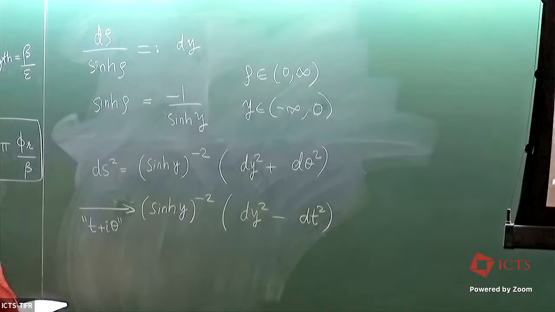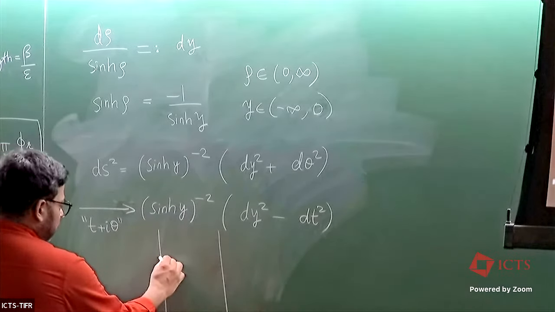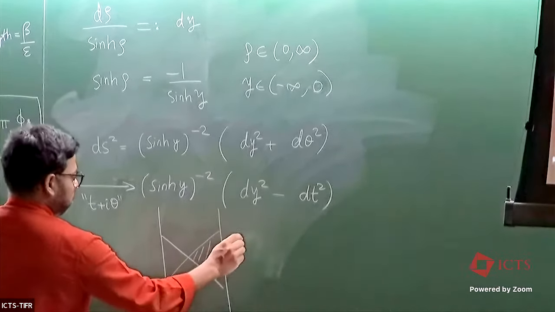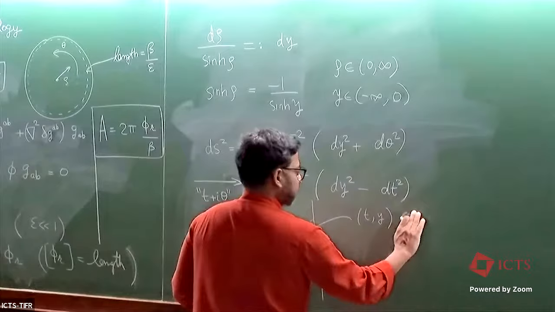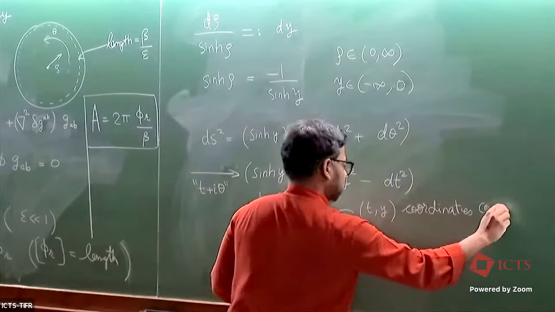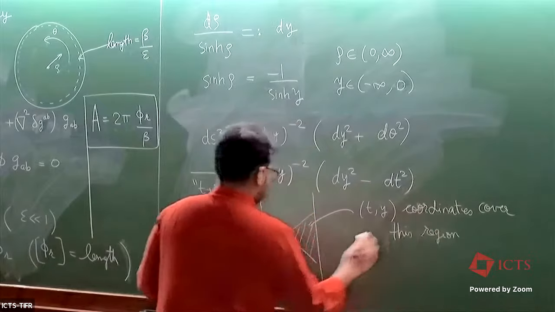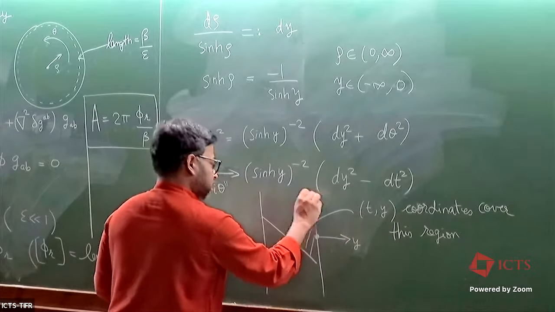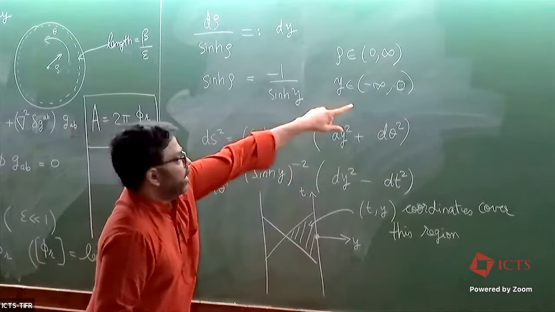And the picture one should have is that AdS2 is represented like this, and these y and t coordinates cover this region. The y goes like this and t goes like this. I have chosen y to go like that, it will become clear later, so that's why y is negative.